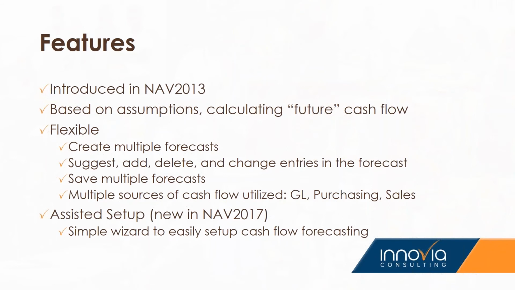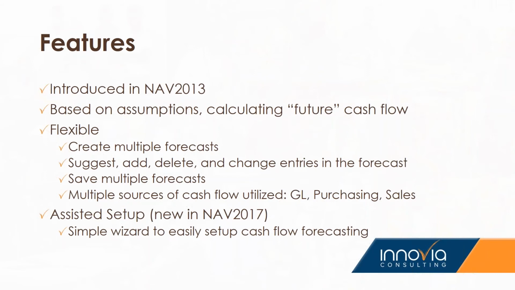So what we're looking at here is just an overview of the features of the cash flow forecasting functionality that's been built within Business Central. It is based on some assumptions and it's doing some calculation of future cash flow. It is pulling from multiple sources: GL entries, sales dollars, purchase dollars, receivables, payables, etc. You can have multiple forecasts built, so you could generate multiple forecasts over time if you want to have snapshots and do comparatives.